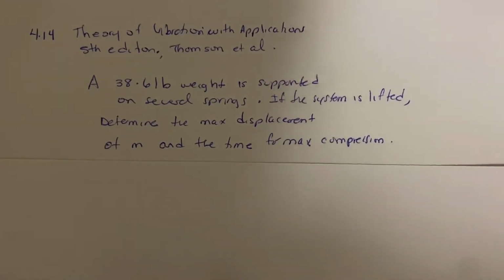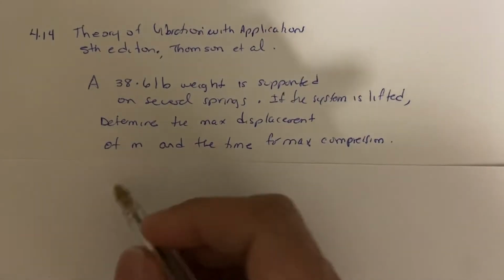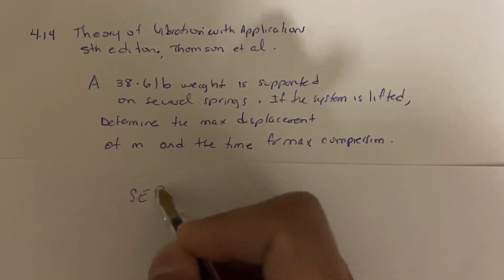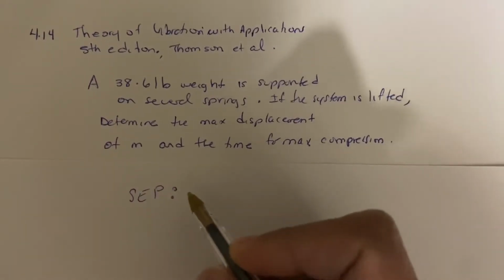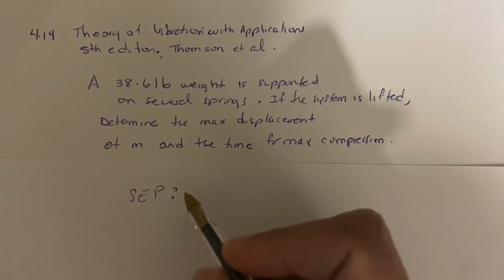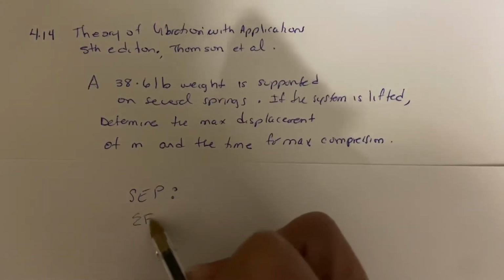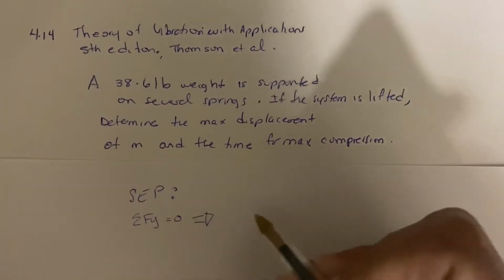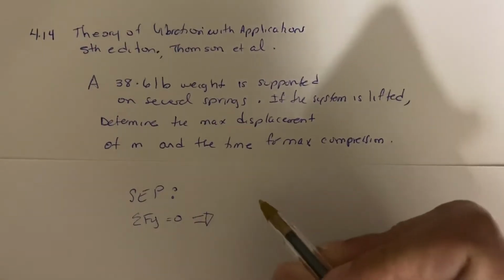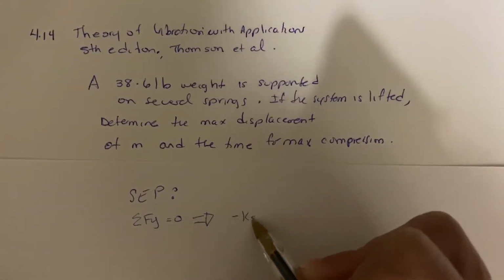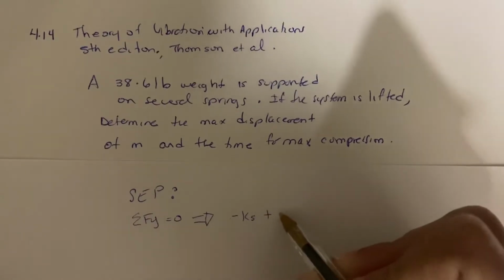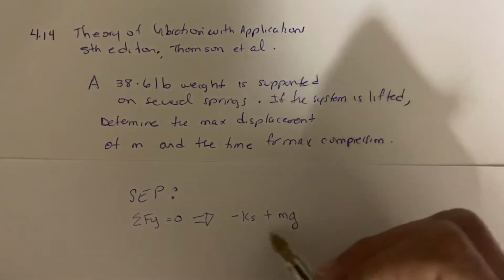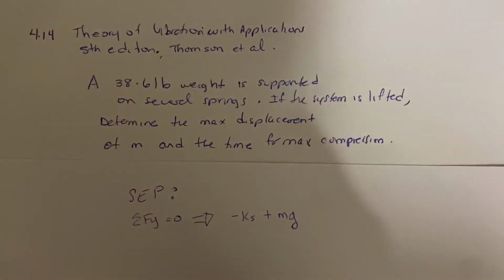For that, we can simply know that at static equilibrium position, we have the equation, if we assume the sum of forces in y is going to be equal to 0, and from here, we can find that the spring force, which is opposed to movement, plus the weight are going to be the two forces acting on the system.